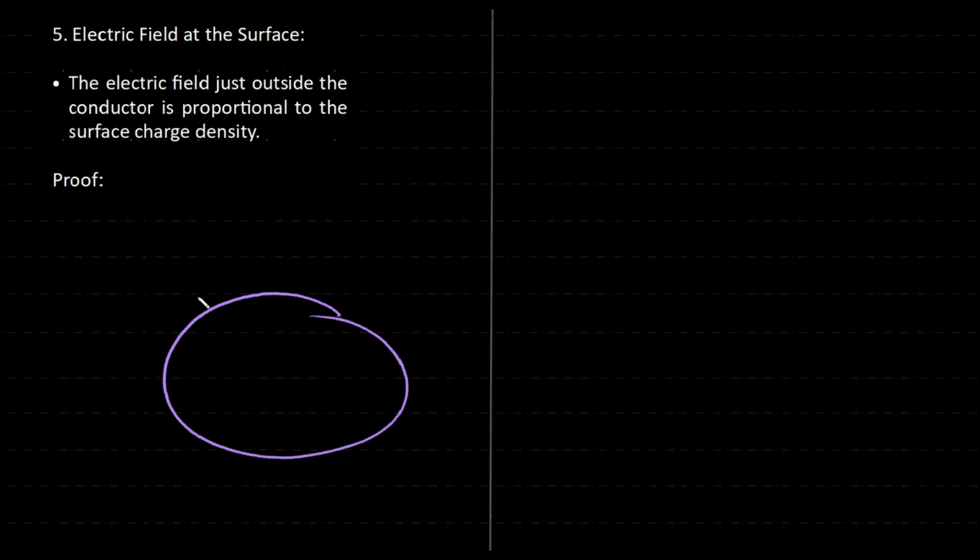Now we will consider a Gaussian surface, which is enclosing a small section of the conductor. This area, say that is A, and so this too will be A. This is our conductor, and that's our Gaussian surface.